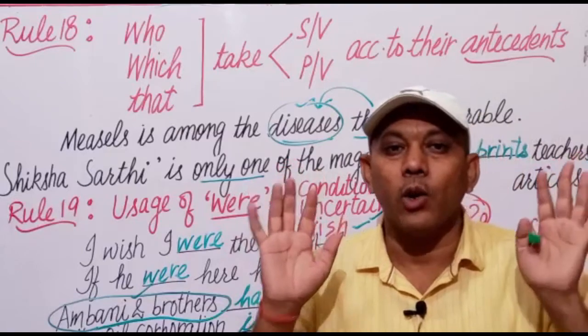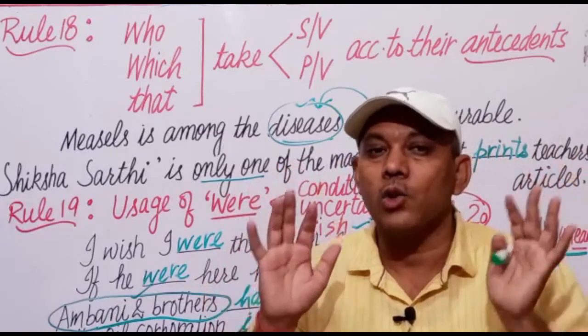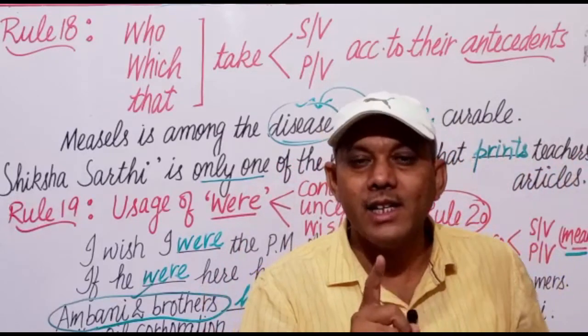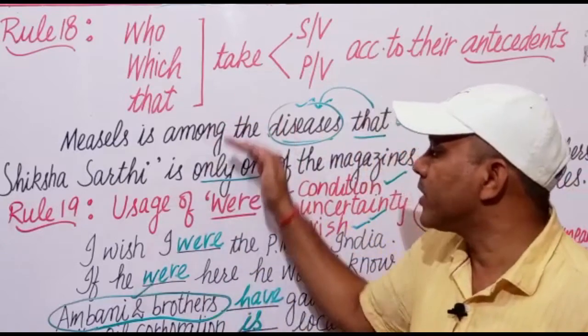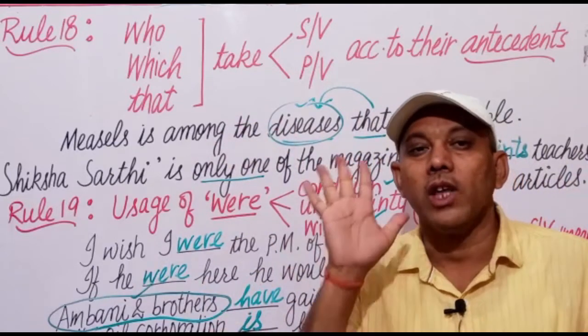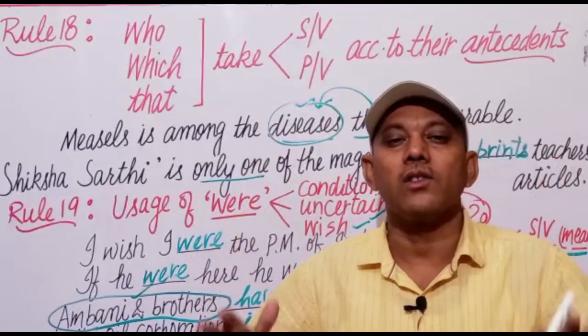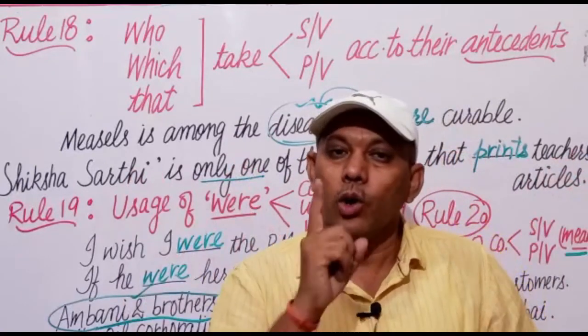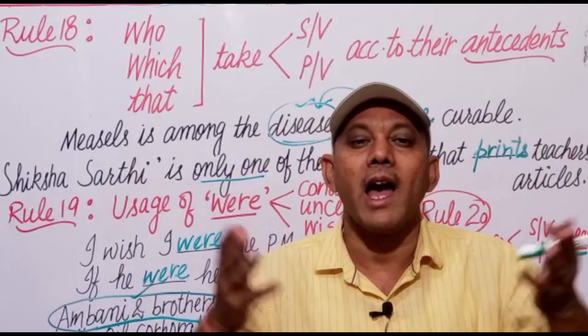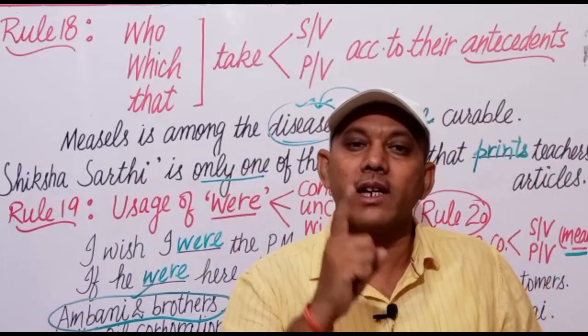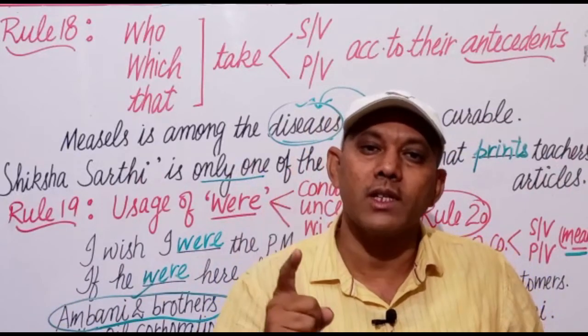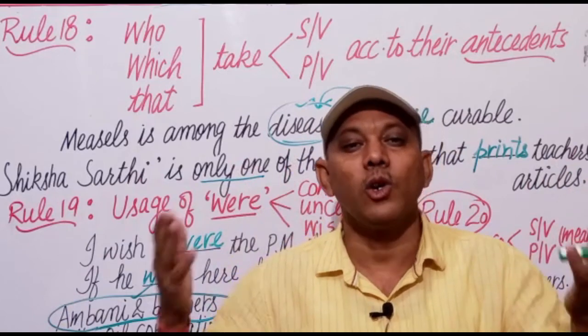Now we are going to solve an exercise based on subject verb agreement. There are 5 videos based on this topic, and this is a very important topic. Go through all the videos and have a good command over subject verb agreement rules with examples.